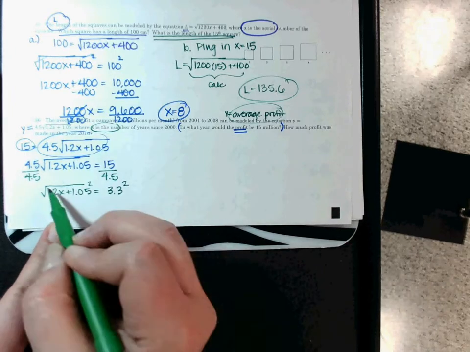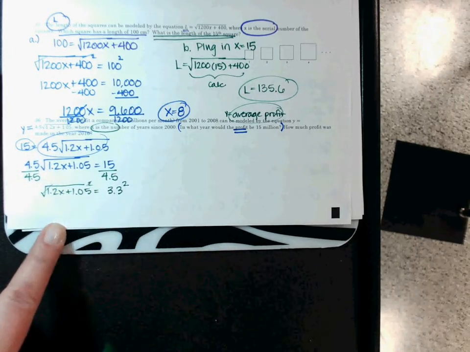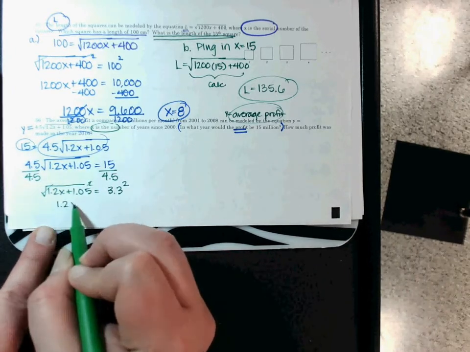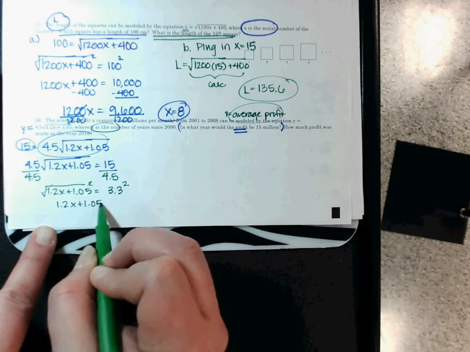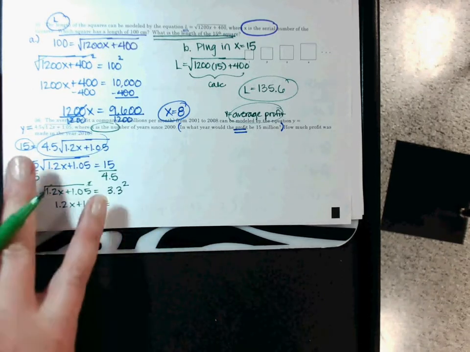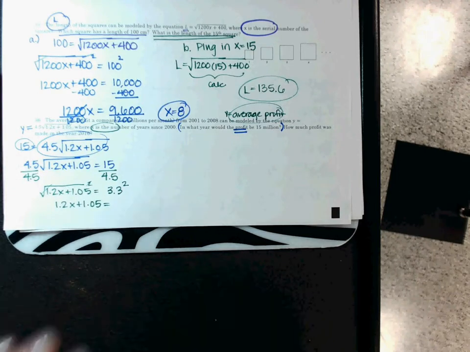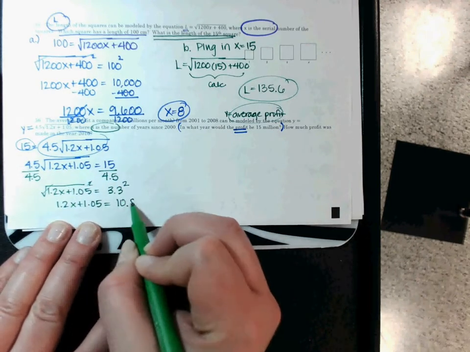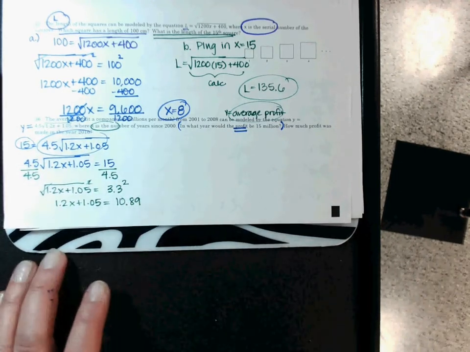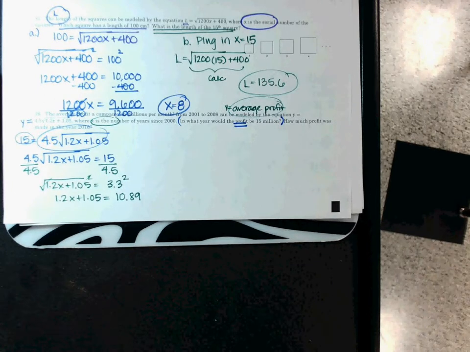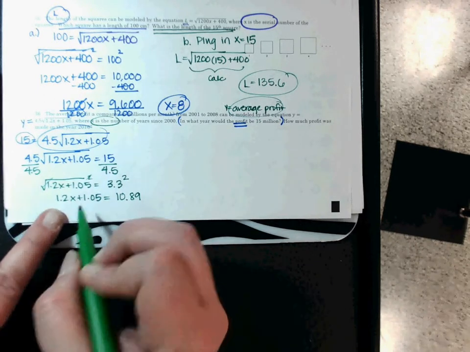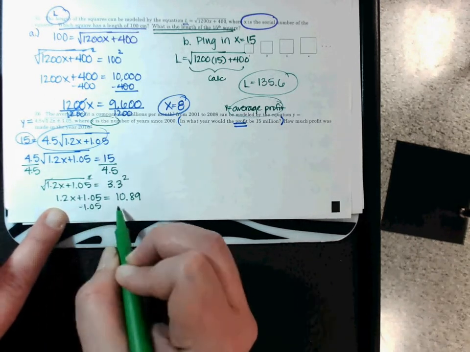These guys cross out, so I have 1.2x plus 1.05 equals 3.3 squared, which gives me 10.89. Then subtract 1.05.